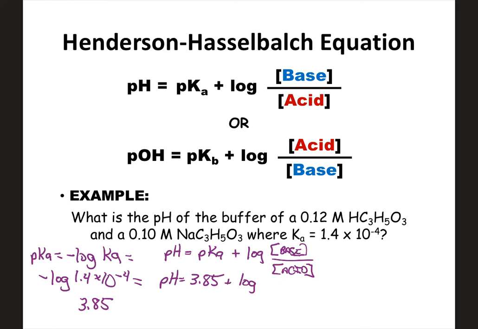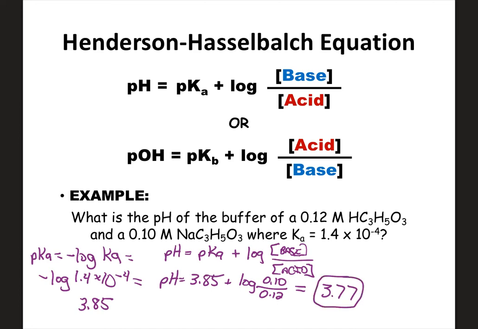Well, in this case, that's the conjugate. So that's the salt part here. That's going to be 0.10 all over the concentration of the acid, which we said was 0.12. When you do the math here, again, I would make sure you can do the math and get this answer. It comes out to be 3.77.